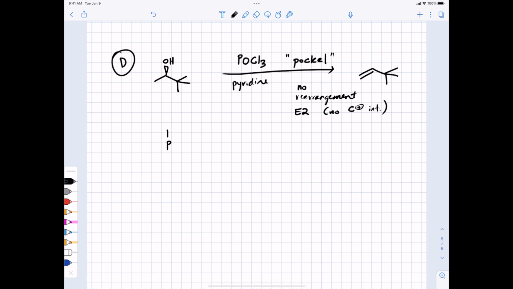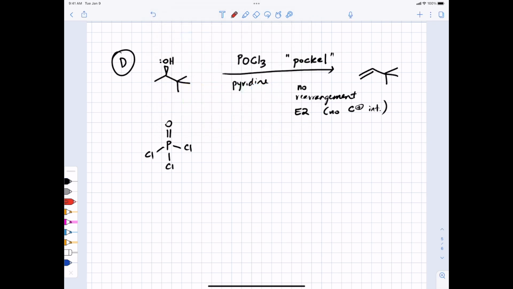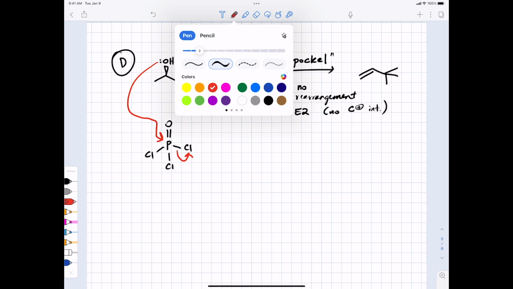So POCl3 is a reagent that looks like this. It looks a lot like PBr3, only it's a more oxidized state of phosphorus. And the mechanism is basically very similar. You have the OH attack the phosphorus and chloride leaves.